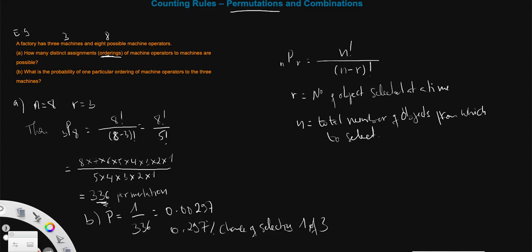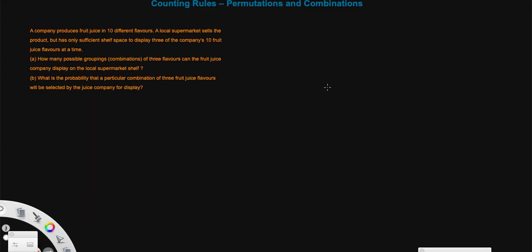Now let's look at the combination one. All right. So the combination rule, like we said, is the number of different ways of selecting or arranging objects, but now here the order of selection is not important. So this is how we write the combination. Same thing, n factorial, but now we also have r factorial times (n minus r) factorial.